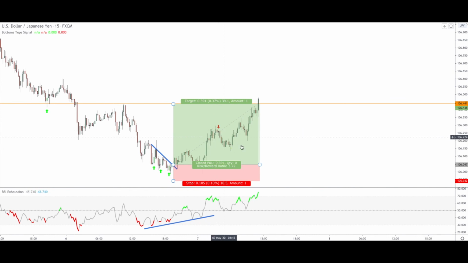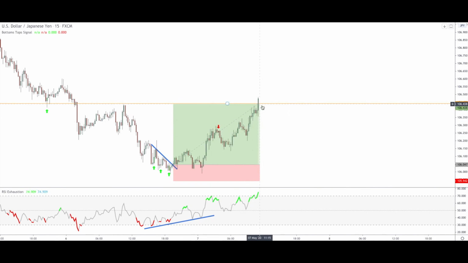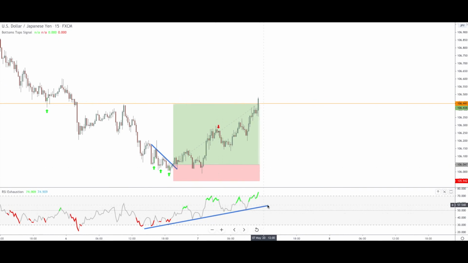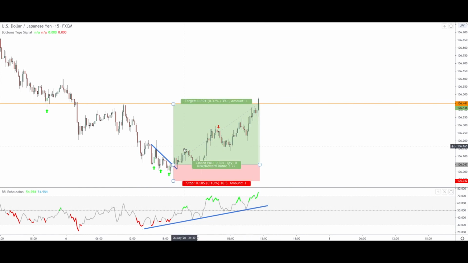Right here the price moved a little bit sideways before finally making the final move to the upside and reaching the target. But the thing here is that the RSI kept growing and growing, so there was no evidence that, for instance, this signal here was not to be believed, because the RSI was still trending up.